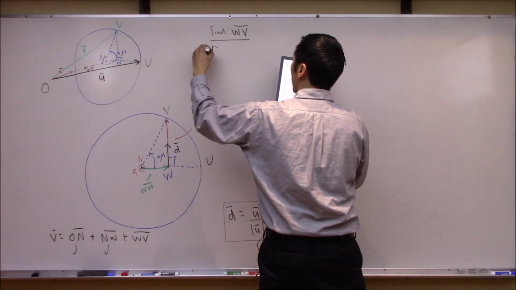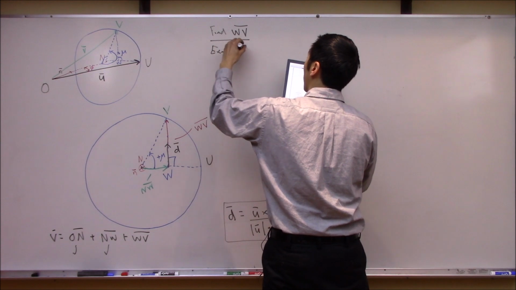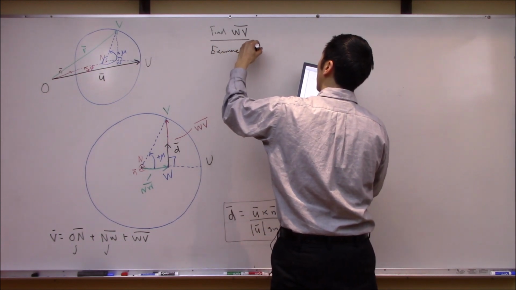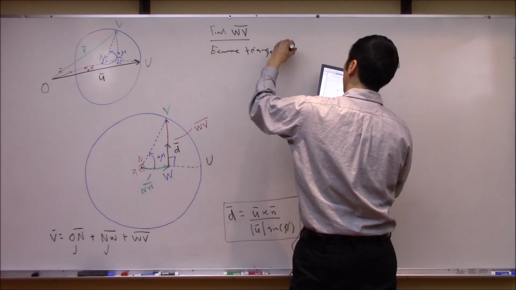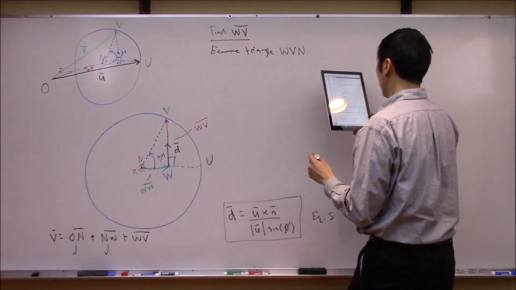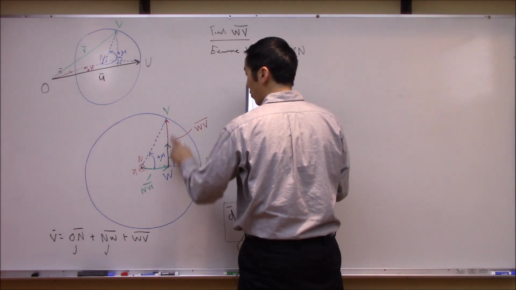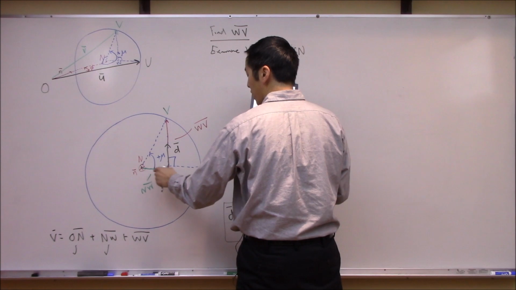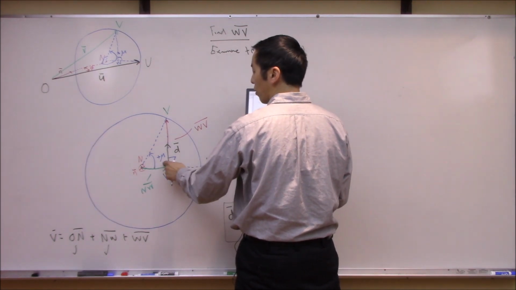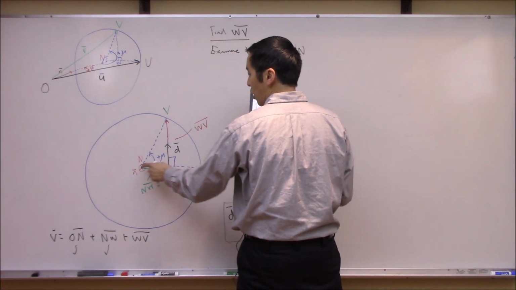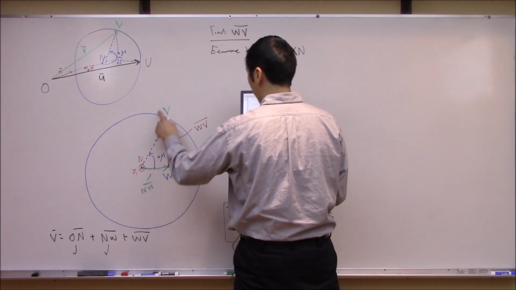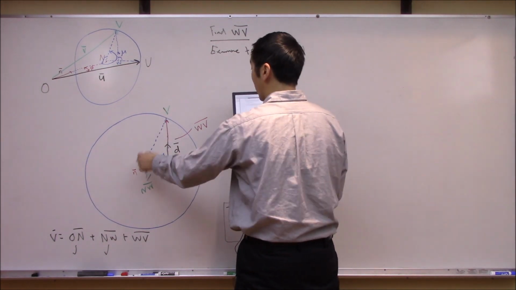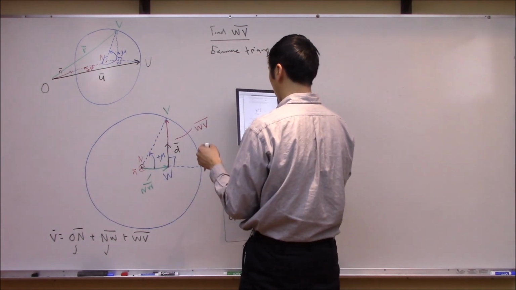So now let's examine the triangle WVN. If we look at this triangle, this is actually a right triangle. Here's the right angle, with the hypotenuse NV, or magnitude of NV. It's basically the radius of this circle.